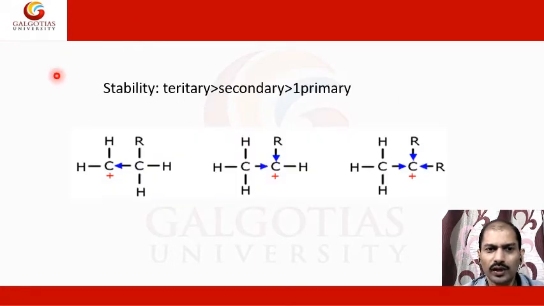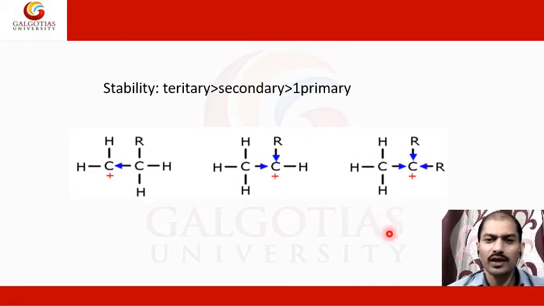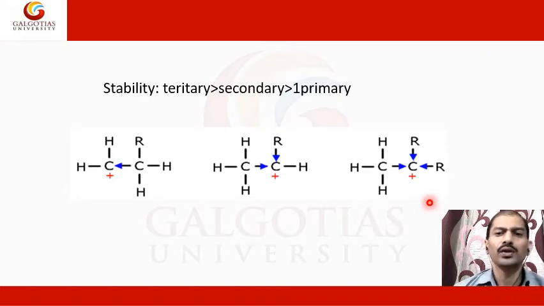Here for stability, if you see, the tertiary carbocation is more stable than secondary and primary. This is due to hyperconjugation. You might have some idea from previous classes and the previous lecture as well. These are compounds of great relevance when we are talking about carbocations.